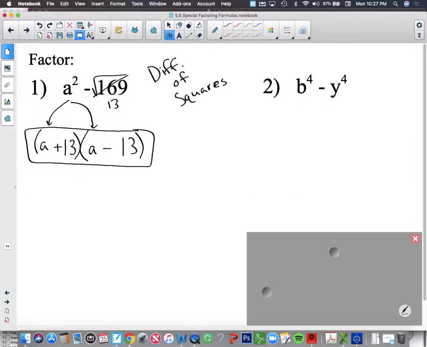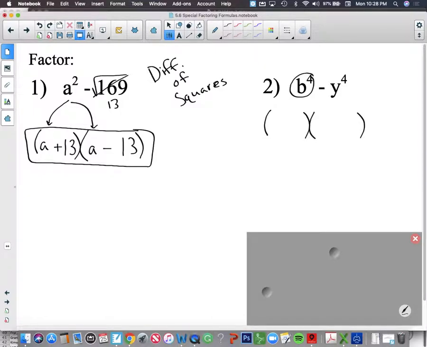Next one here, a little bit more complicated because we have variables and it's 4th power. Do we have a pattern? Did I show you a pattern for difference of 4th powers? No. But can you use squares in order to get to the 4th power? Yes, we can. So what would I put in the front of my parentheses to get to that b to the 4th?